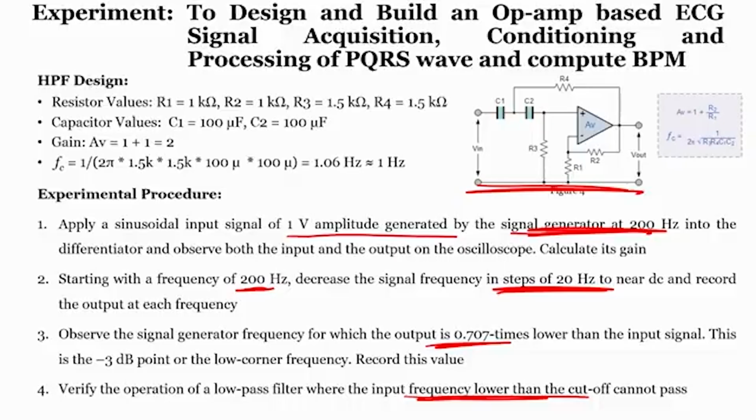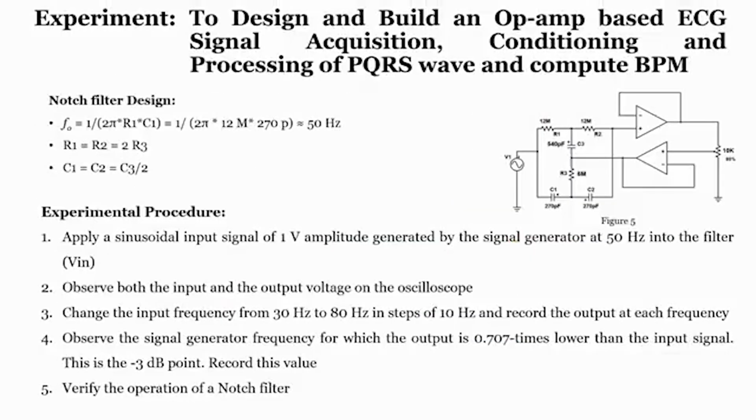So, that cannot pass. If I want to design a notch filter, what will I do? You of course know how the notch filter is designed, we have seen in our earlier course. So, the notch filter design is Fn equals 1 by 2 pi R1 C1; we put the values of R1 and C1 and we get 50 hertz. Now, you see here the values of R1 and R2 are extremely high.